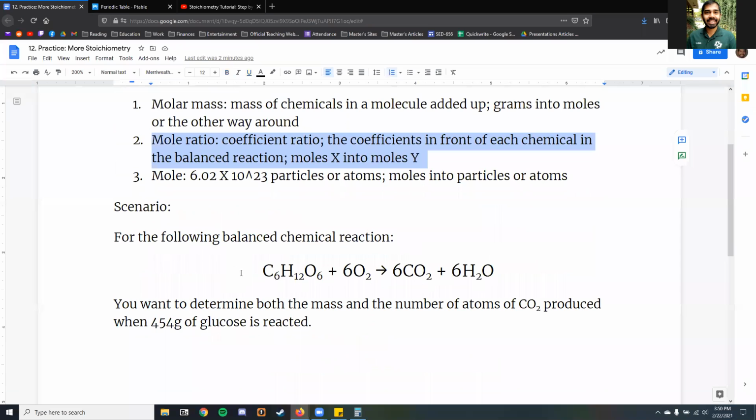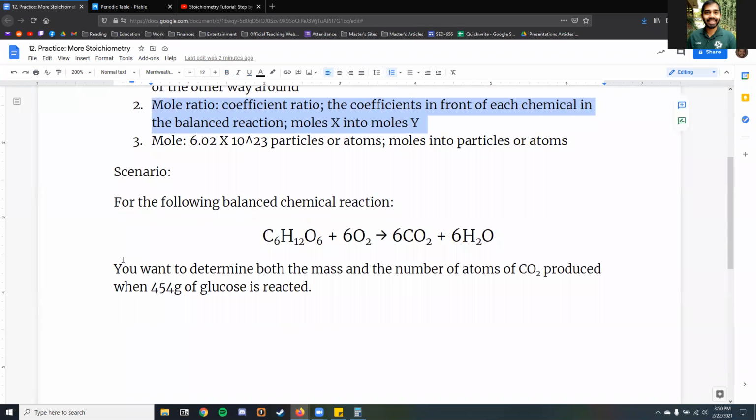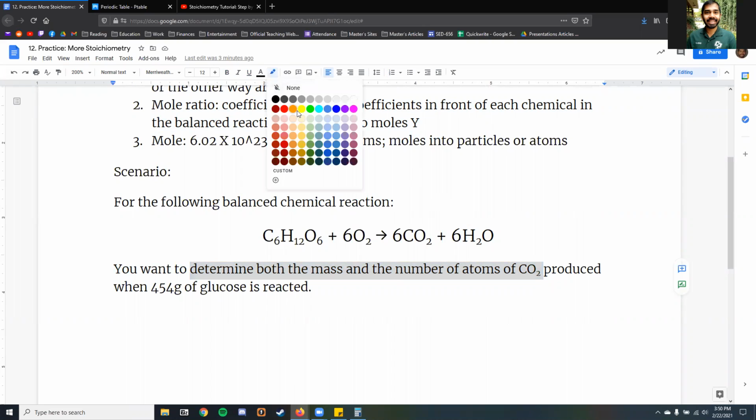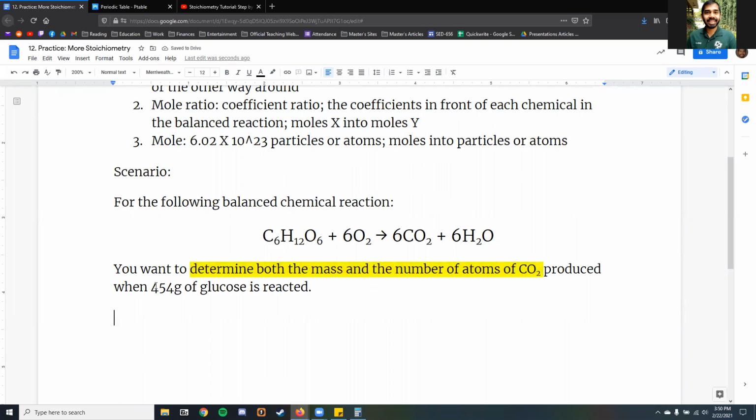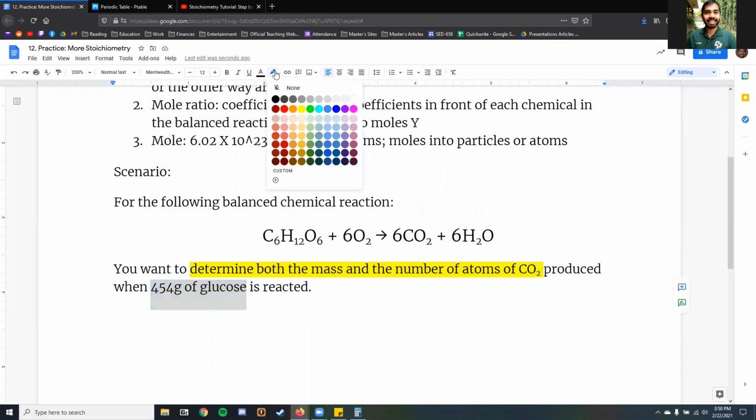In this example, we have a reaction, and we want to determine the mass and the number of atoms of carbon dioxide. Go ahead and highlight this in bright yellow. There it is. And what do we have to start with? We've got 454 grams of glucose. There is a reason I use this kind of reaction.